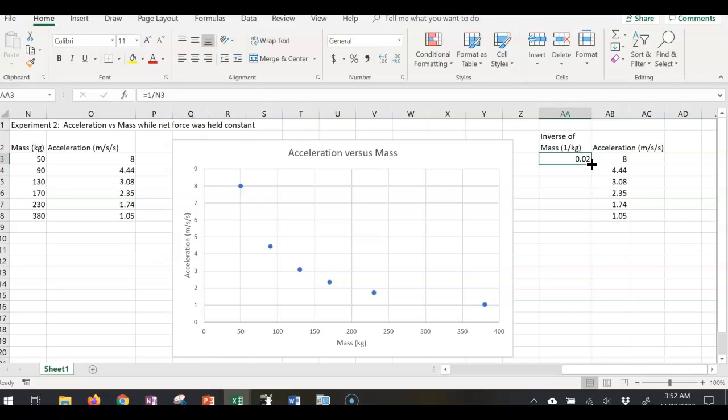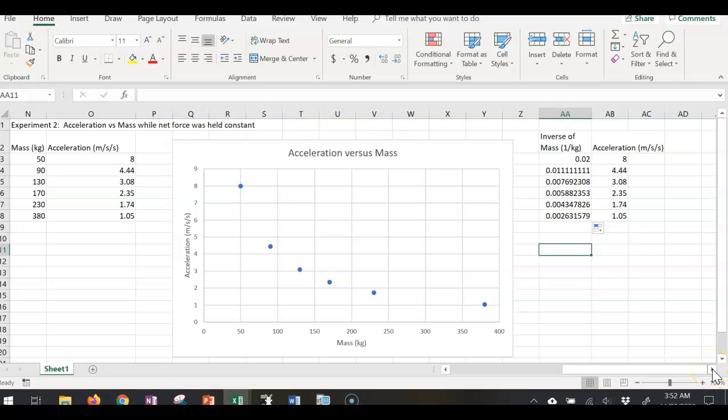Once I have the black plus sign in the corner, I double-click the mouse, and it just copies that inverse formula down. So for the next cell, it says 1 divided by N4, right? At the bottom, it's doing 1 divided by N8. So it is calculating the inverse of all of my masses.